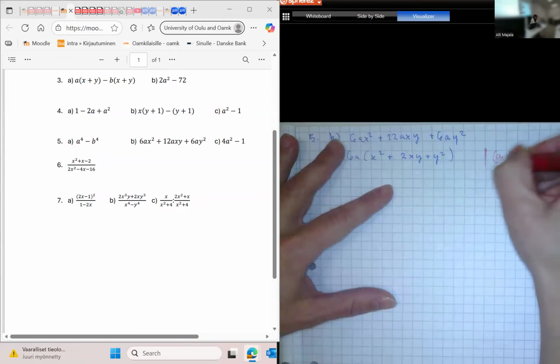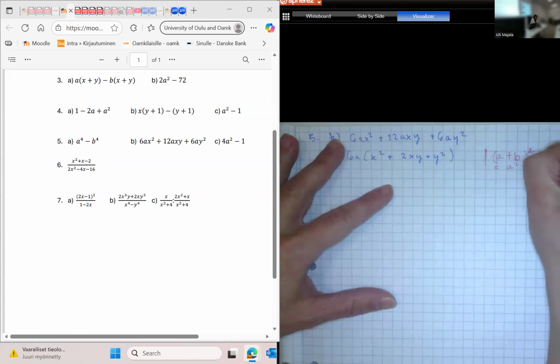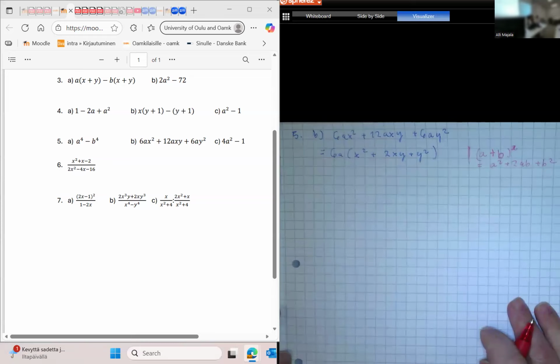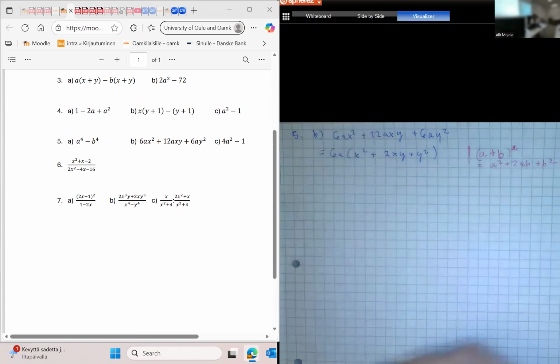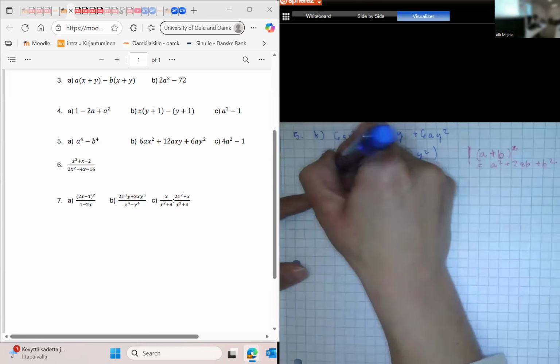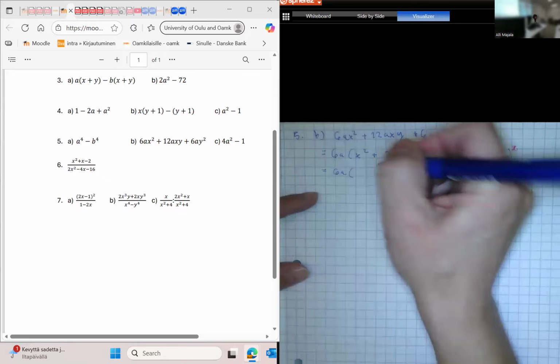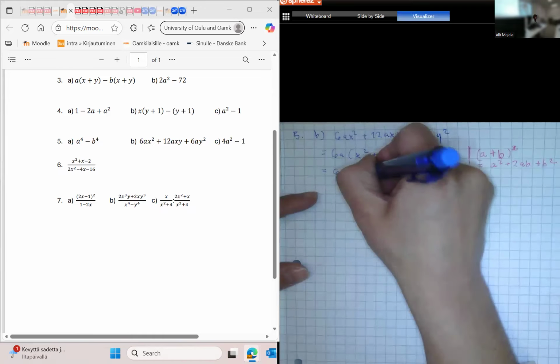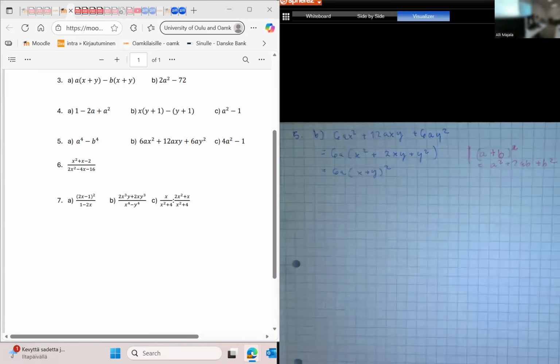Is that a plus 2ab plus b? Yes. Now it's the same. It's just x and y. So I would have 6a times x plus y in the power of 2. That makes sense? Yeah.